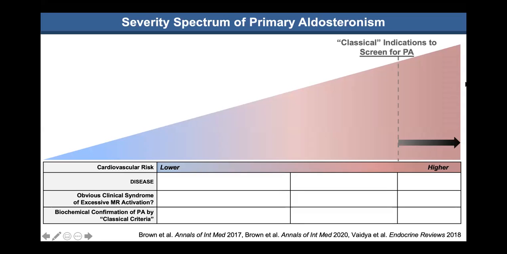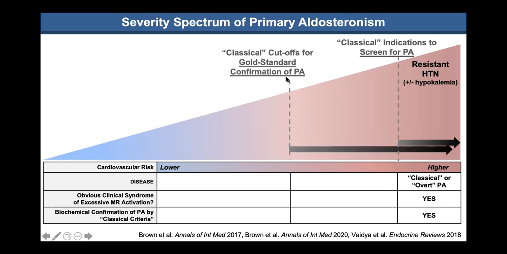And if you restrict screening to only these individuals with an aldosterone to renin ratio, you will only detect overt or classical primary aldosteronism, an obvious syndrome of mineralocorticoid receptor excess that results in hypertension and hypokalemia. But as I showed you, if you move to the left of this line and conduct aldosterone suppression tests, regardless of these screening indications, you will find that many individuals with high blood pressure and even those with normal blood pressure have overt primary aldosteronism, that is, overt non-suppressible renin-independent aldosterone production.